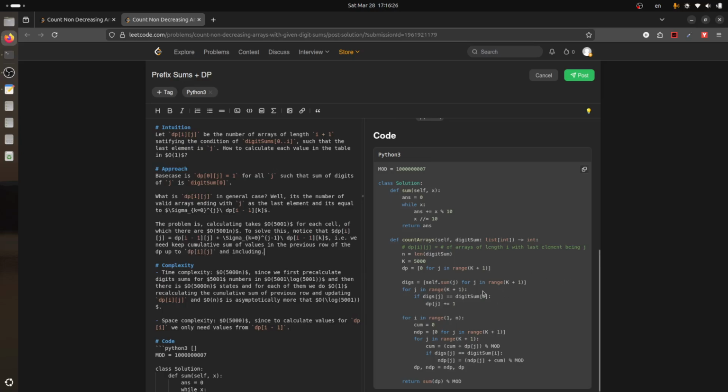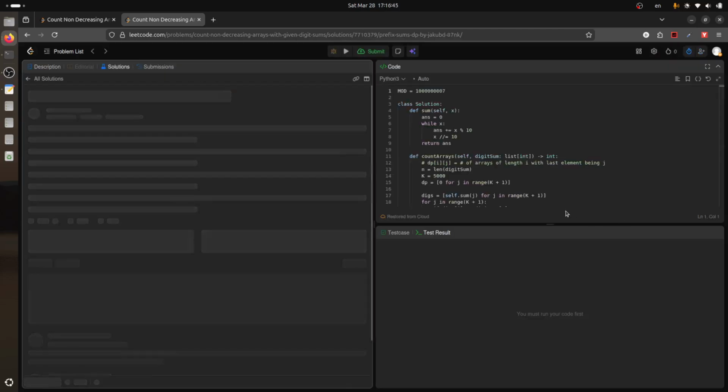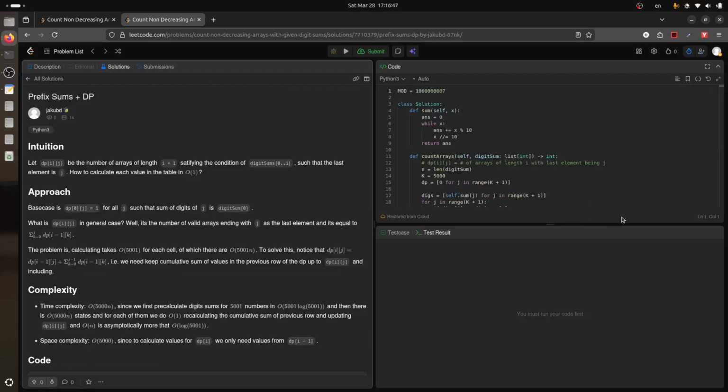So we need just the cumulative sum. One thing you need to do is pre-calculate the sum of digits for each number beforehand, because otherwise you would do it n times, which would make it too slow, at least in Python. So okay, that's it. And okay, I guess goodbye.